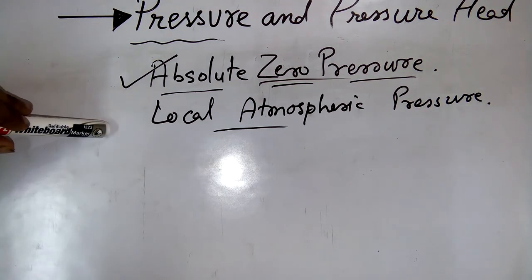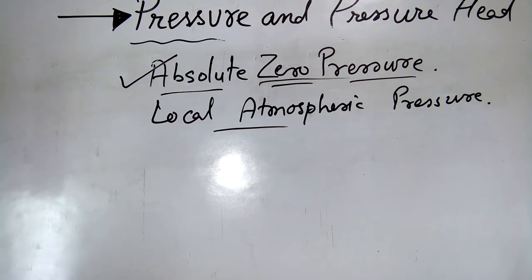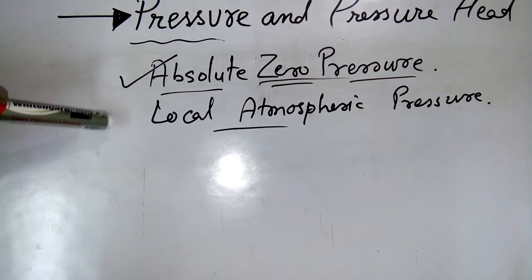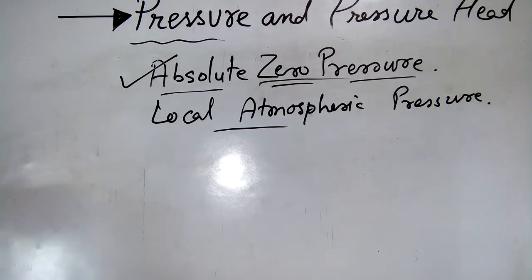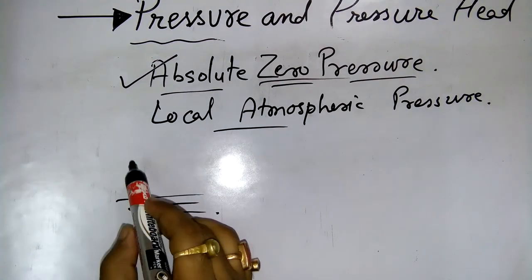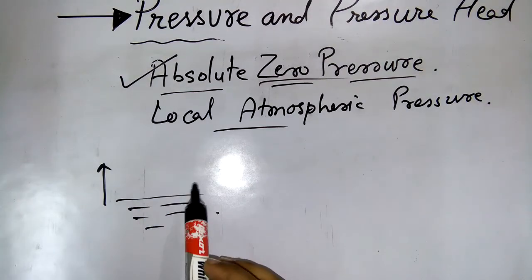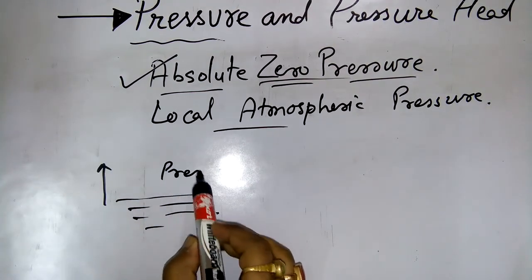Now local atmospheric pressure varies with altitude. It is maximum at the sea level, and if your altitude increases, height increases, then the pressure decreases.